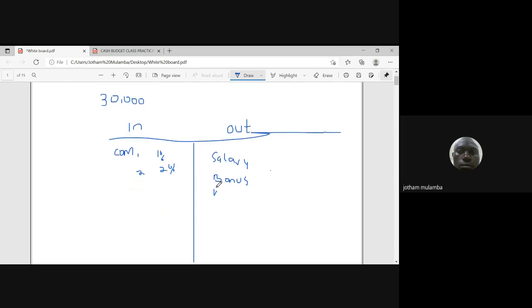Because I'm writing with the mouse, I will write it in short, expenses. So we'll be able to calculate once we start off. Next.